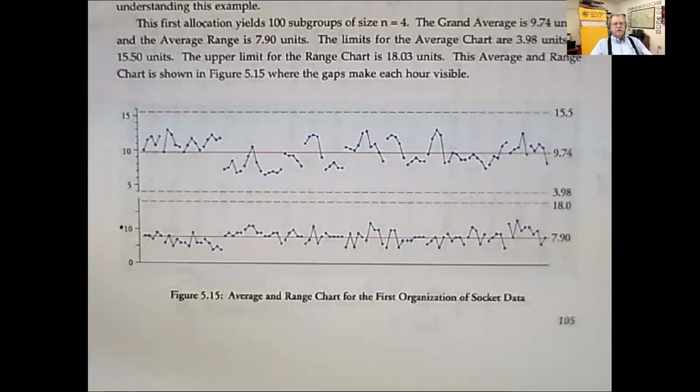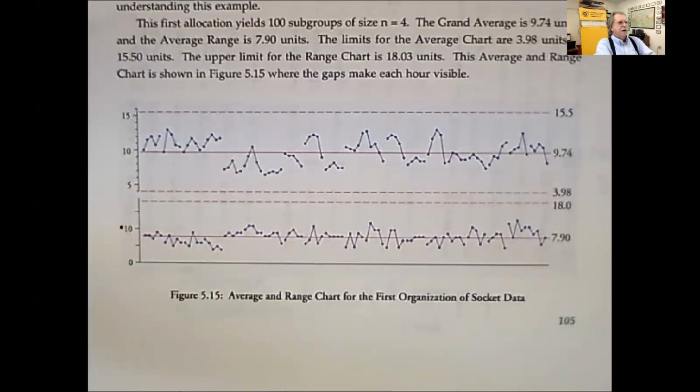Is this process being operated predictably? No points outside the limits, but you have a lot of consecutive points that fall on one side, above or below the average.